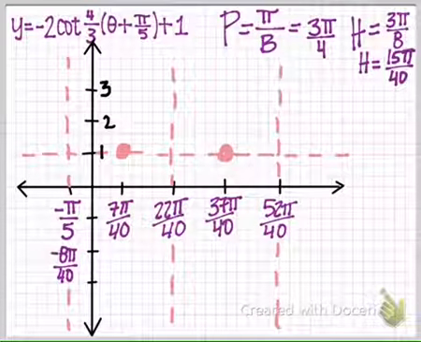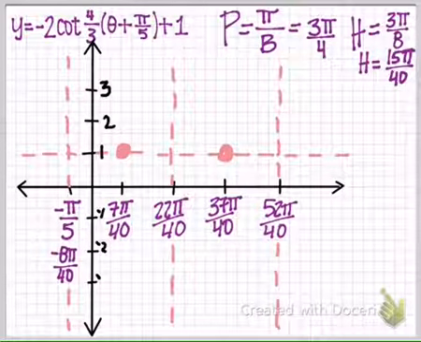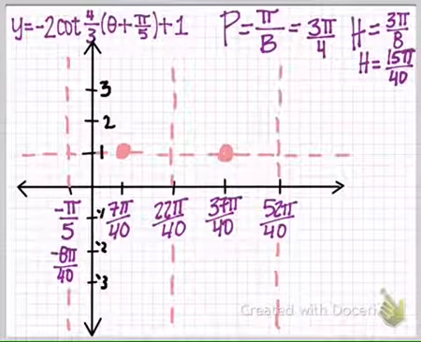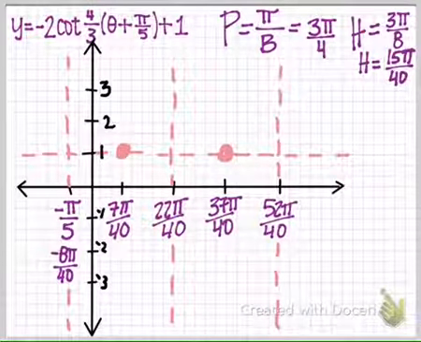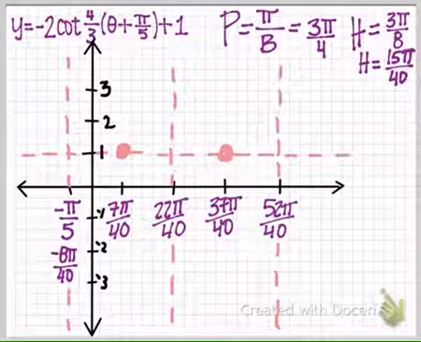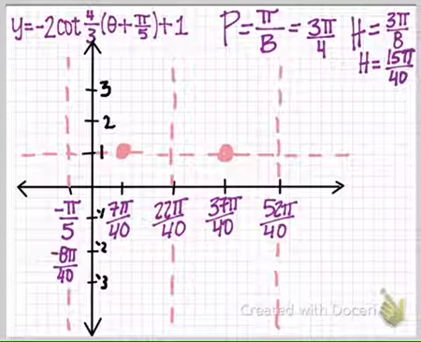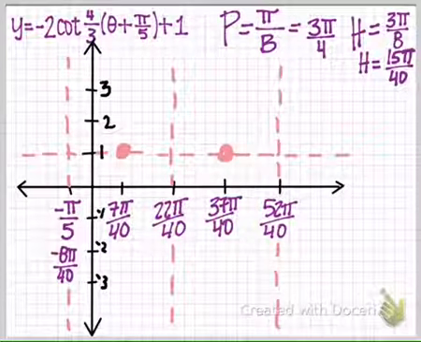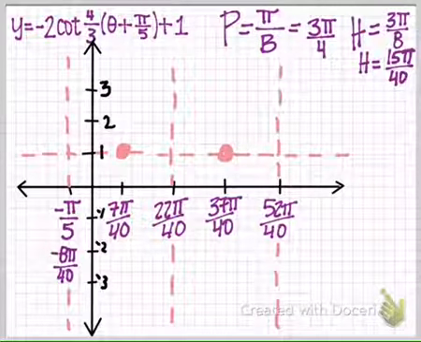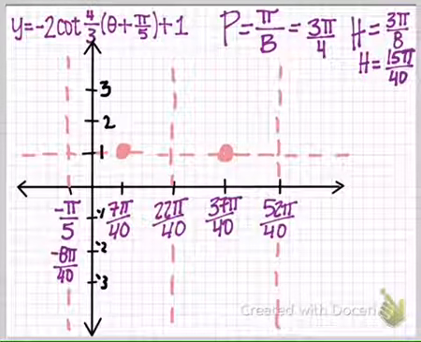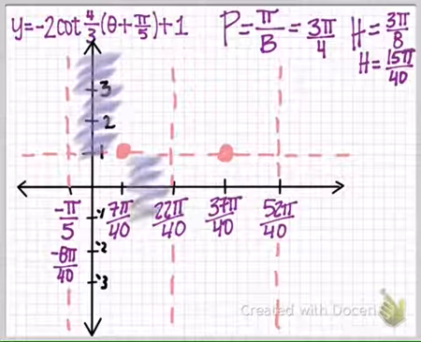So what do we need to do? Halfway between, you're going to put a point. So halfway between -8 pi over 40 and 7 pi over 40, you're going to put a tick mark at -1.